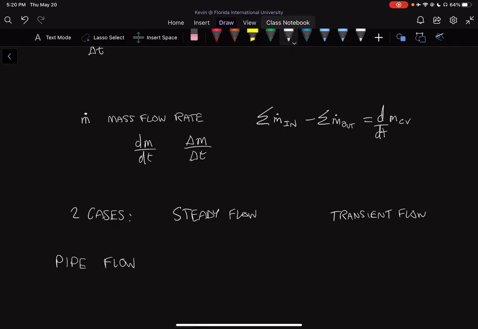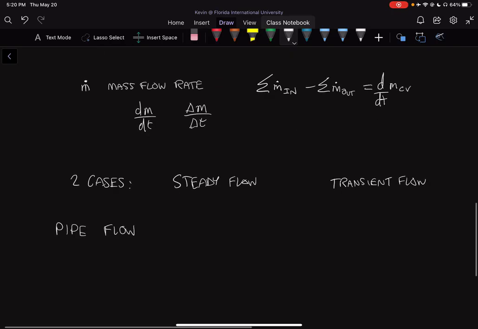because we can say that the total mass inside the pipe does not change with time.